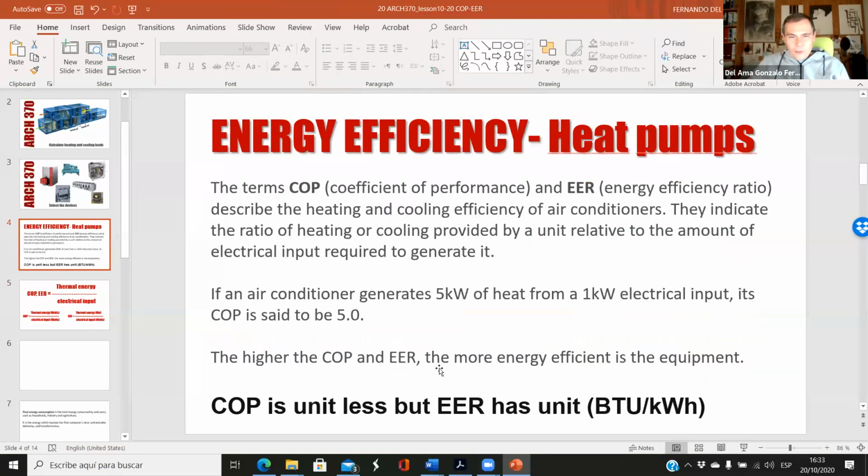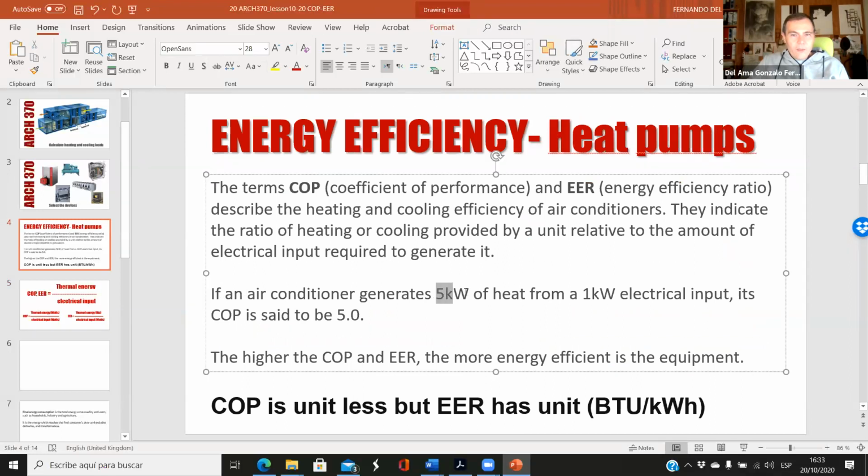Okay, so here there is a very simple example. If an air conditioner generates 5 kilowatts of heat from a 1 kilowatt electrical input, the COP is 5. That's something we have to keep in mind.